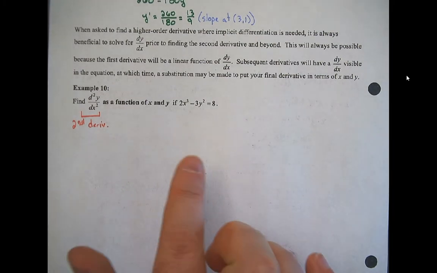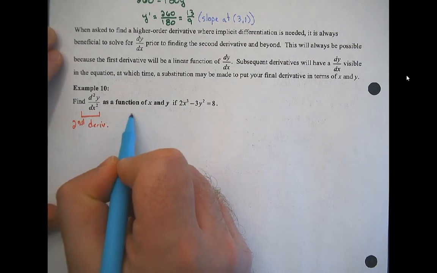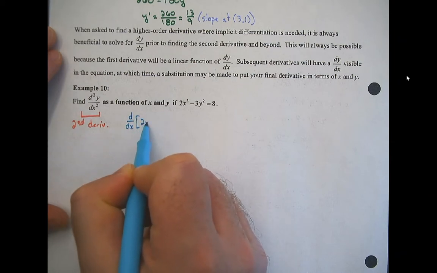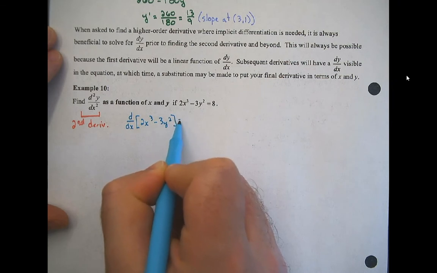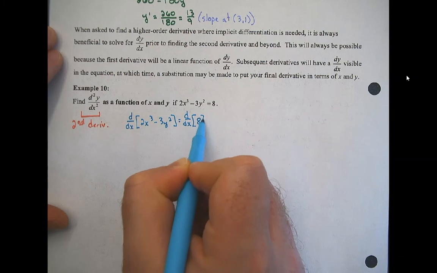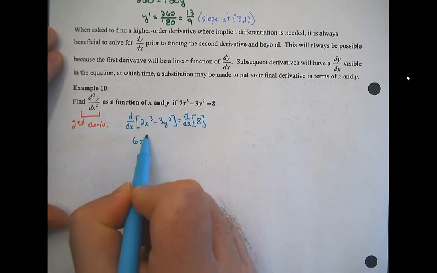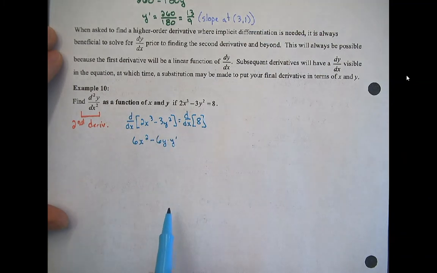To find the second derivative, we first have to do the first derivative. So that would be d/dx of 2x cubed minus 3y squared equals d/dx of 8. We derive this, that would be 6x squared minus 6y prime equals 0.